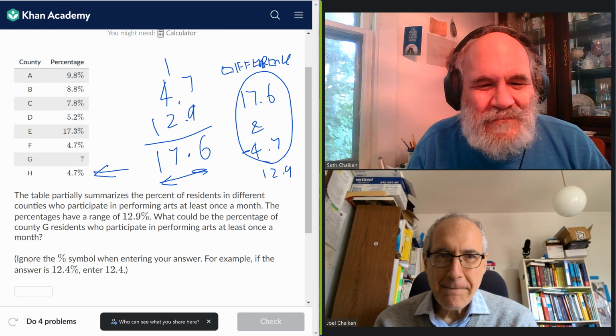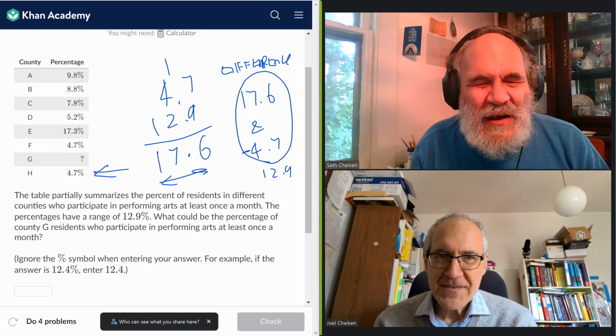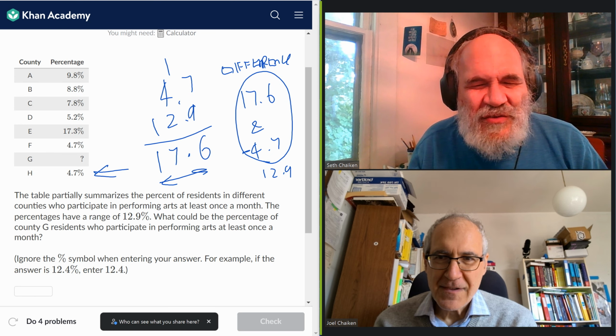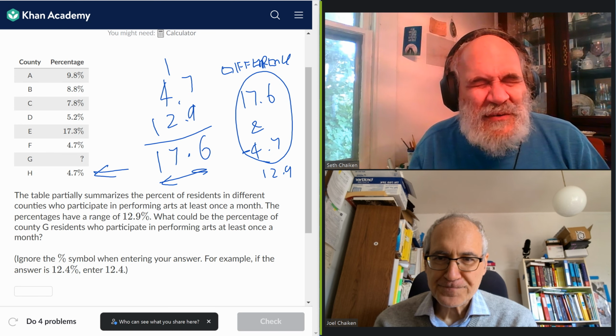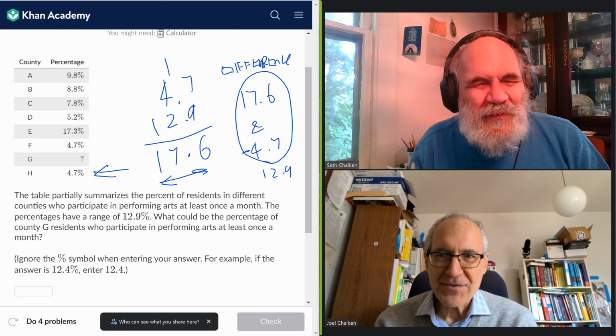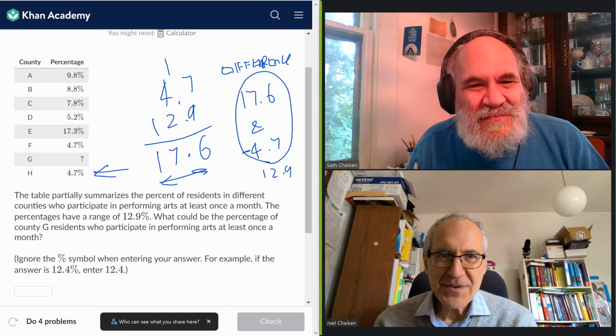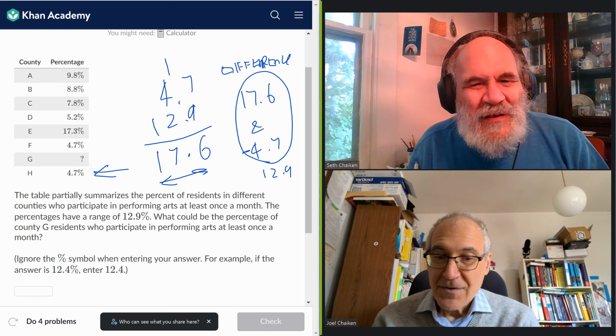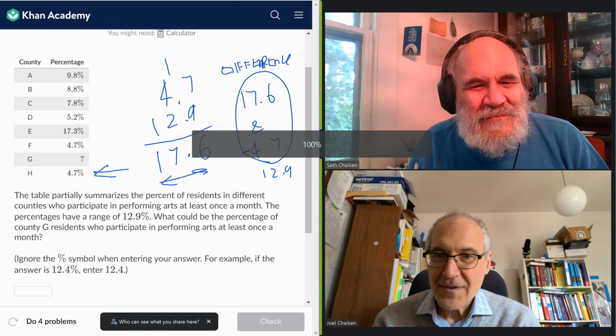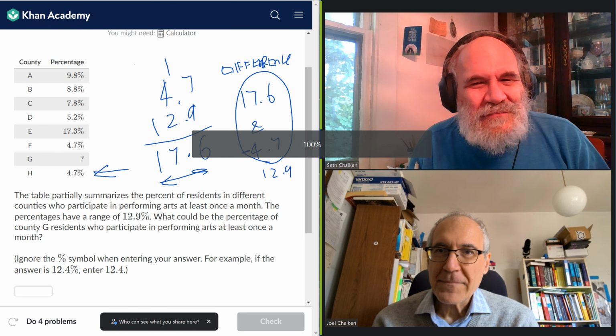Is it that straightforward conceptually? Well, I don't see the verbal statement of the problem. I just see the table. What type of screen sharing are you doing? You don't see the question? Nope. It's too big. Here, stop screen share for me.